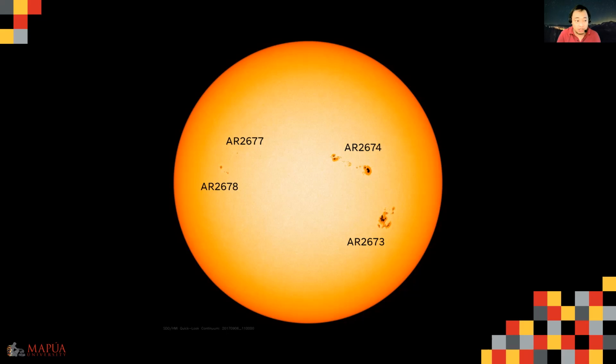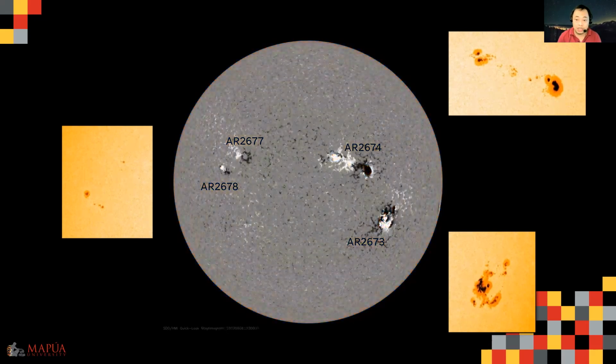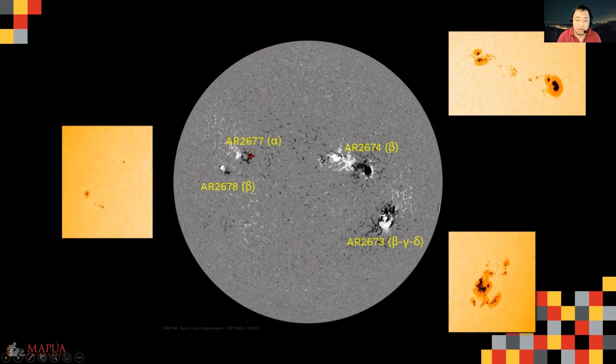You have active regions 2677 and 2678 here, and these are two active regions. This is AR 2674, and this is AR 2673. If we look at its magnetogram, we can see that AR 2677 is of the alpha class.